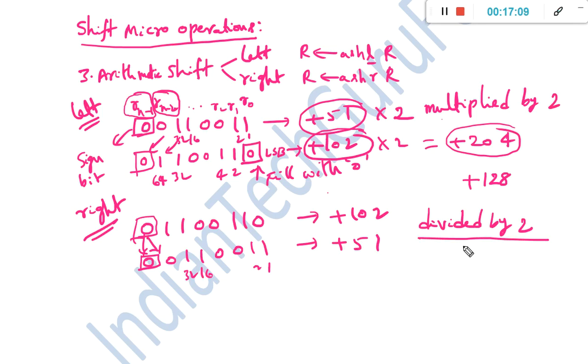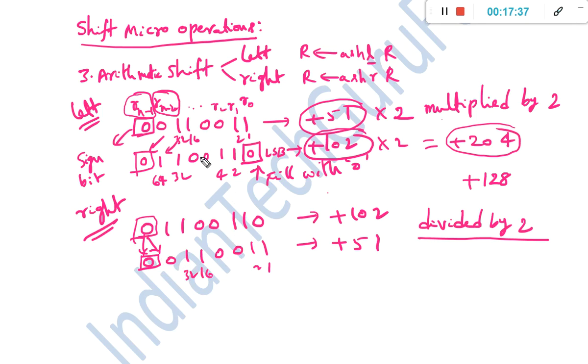This occurs by default. Now, is there any chance of overflow as far as the right shift operation is concerned? There is no chance of overflow because the bits are shifted from left to right, and the value will always be decreased, not increased.